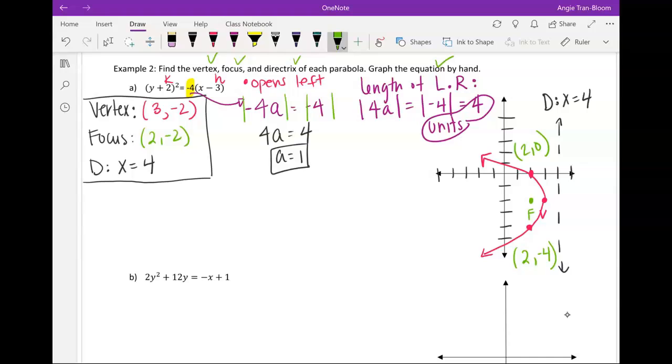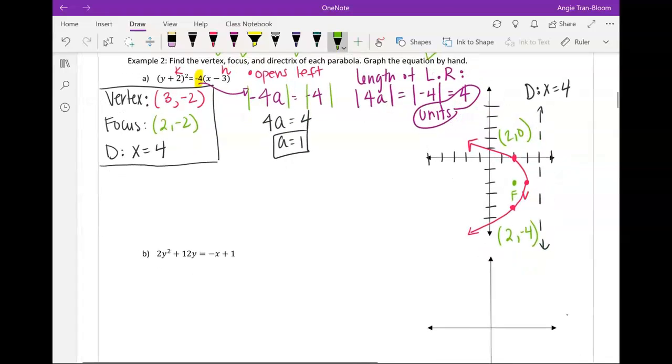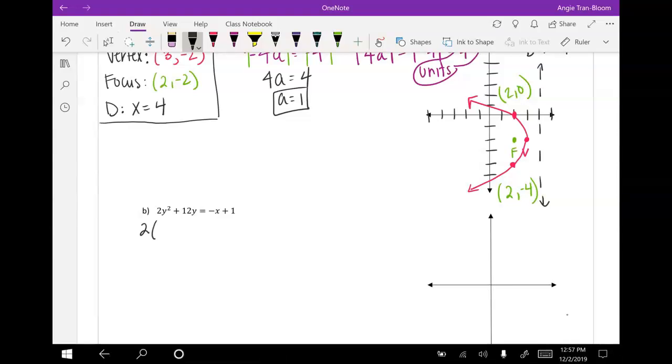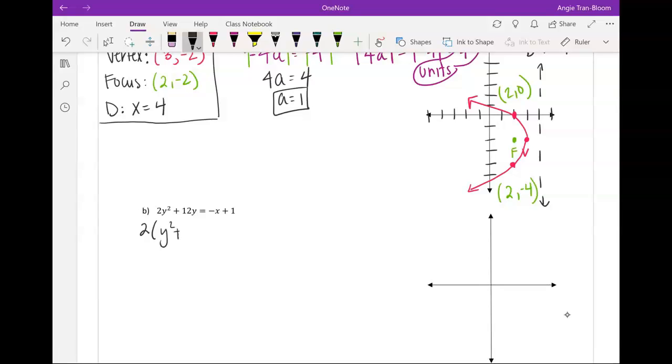Example 2b, very similar, except that we need to complete the square. Ready? To complete the square, we first will factor out the 2. We know the y variable is being squared, so we know it either opens to the left or to the right. So y squared plus 6y plus a blank equals -x plus 1.